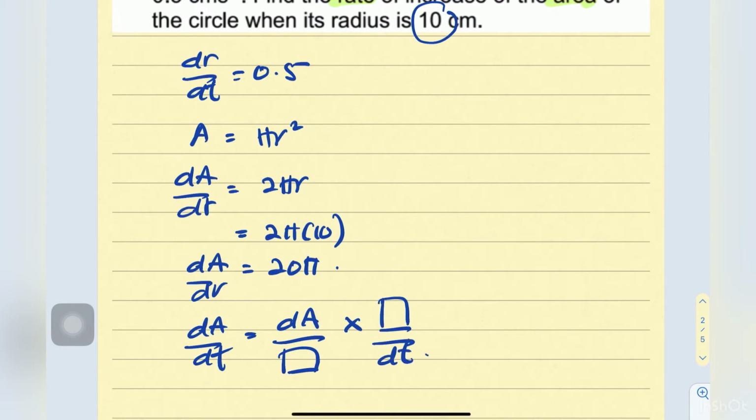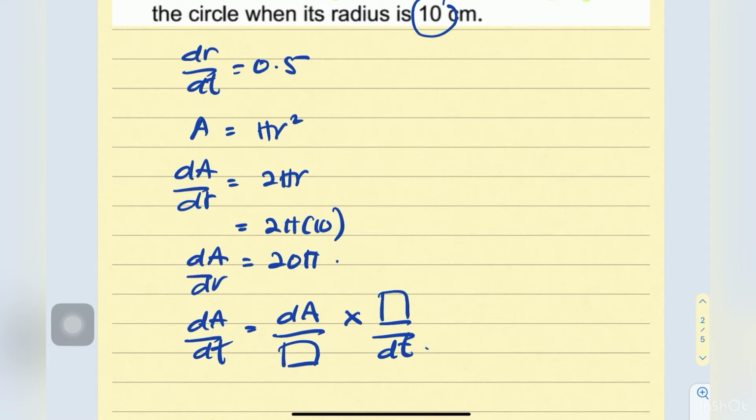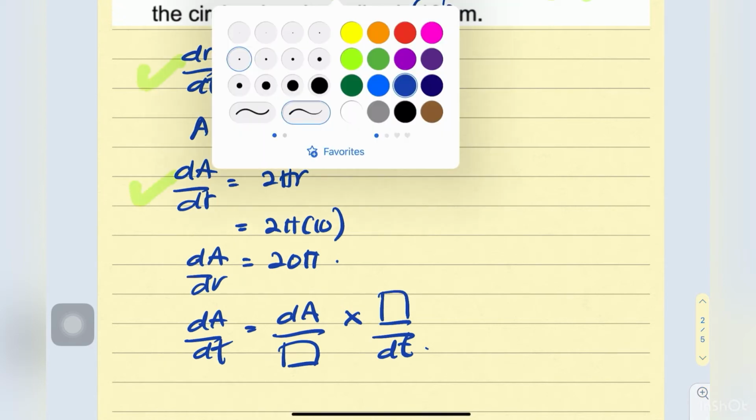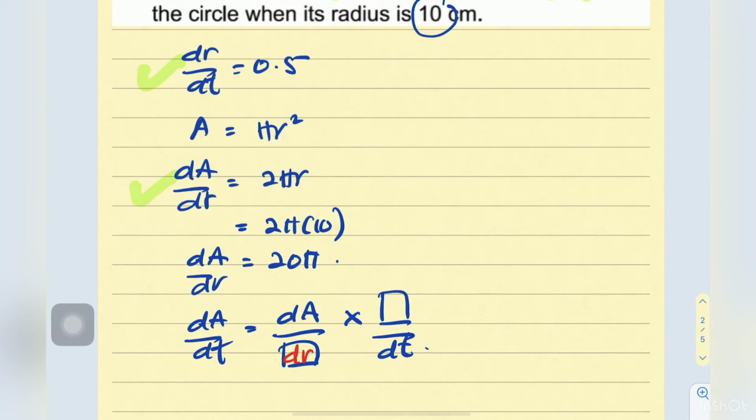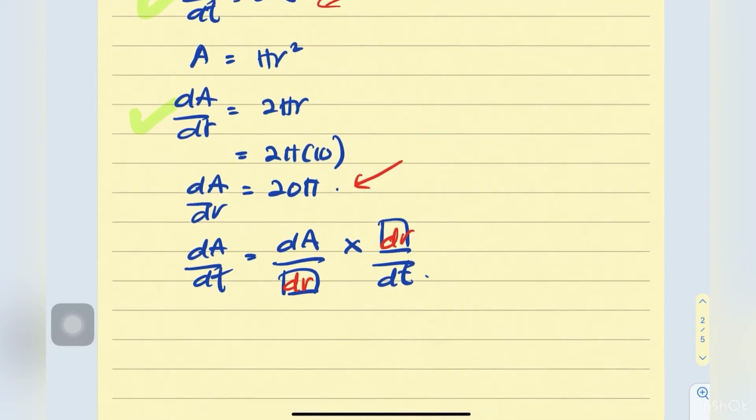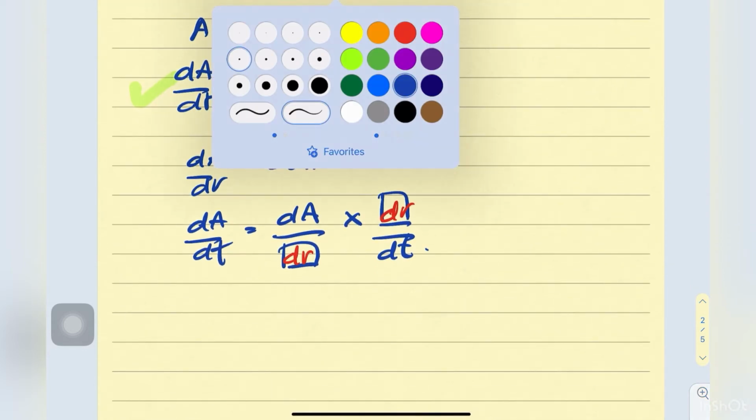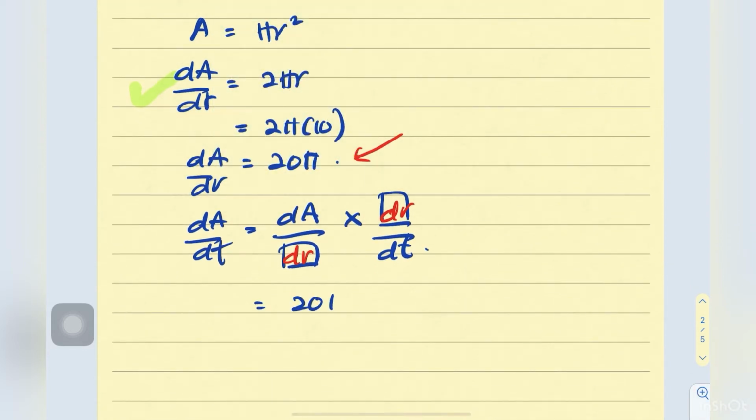We can see that we already have dA/dr and dr/dt, so we fill in dr. Then we substitute dA/dr, which is 20 pi, and dr/dt, which is 0.5. So 20 pi times 0.5 equals 10 pi.